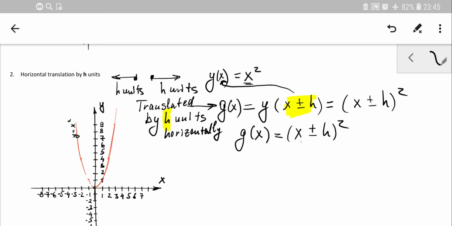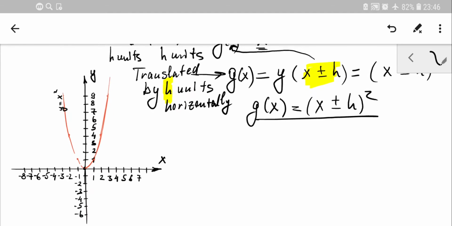If you're given an expression, let's say x plus h, you need to be ready to answer because you might be asked to draw the translated graph g. Having that, how do you define whether it was translated to the right or to the left by h units, and vice versa? If you're given the graph, for example, shifted to the right by h units, you need to be able to say what the formula is for that. Here I'll show you how to do it.